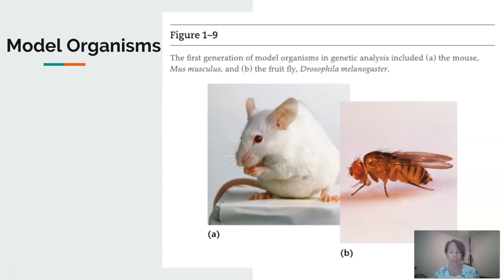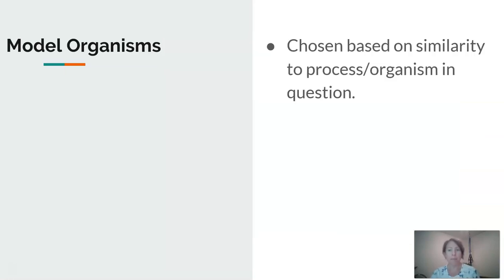They need to reproduce easily, so they need to reproduce in captivity. And the faster the generation time, the easier it is to look at inheritance. So fruit flies, for instance, you can have multiple generations within a couple of days. And so that's a really nice aspect of a model organism.